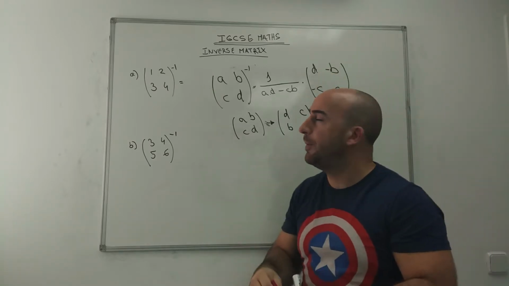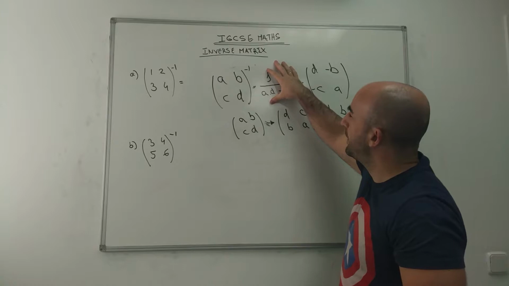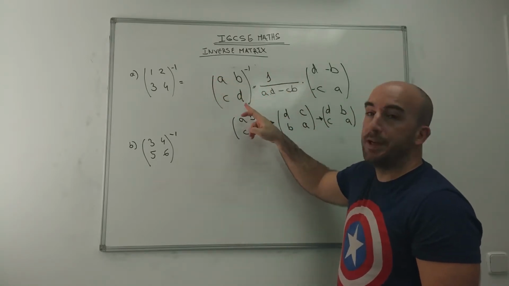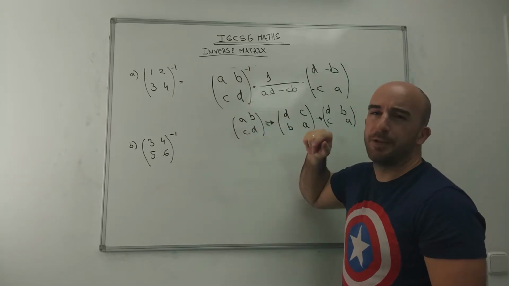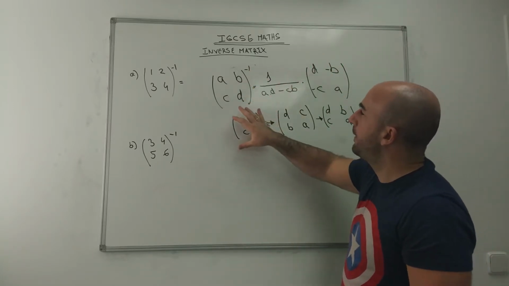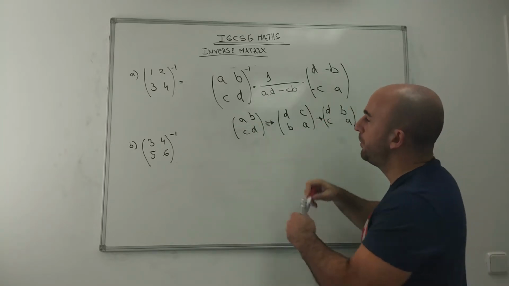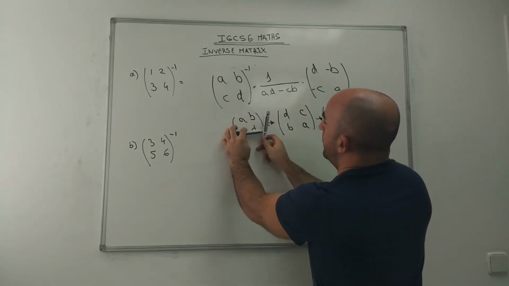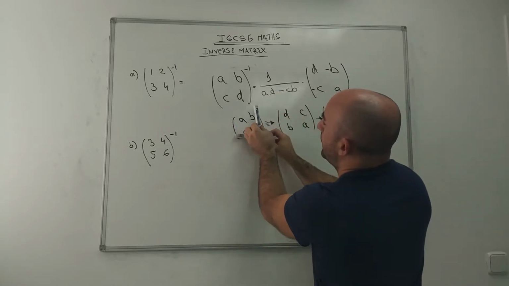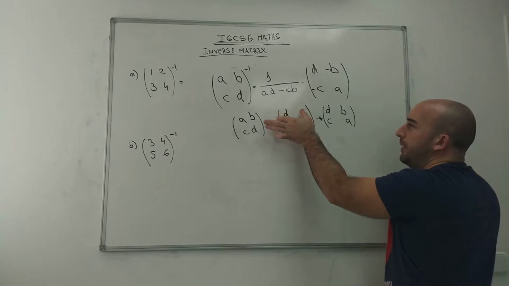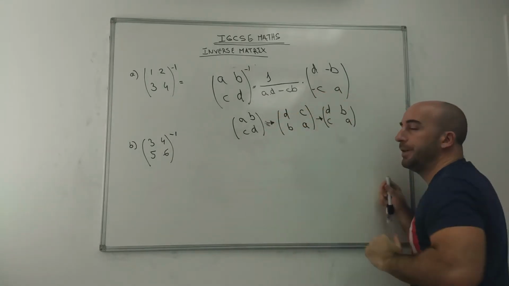So again, I repeat it. First step, I create this multiplication, 1 divided by the elements of this diagonal multiplied minus the elements of that diagonal multiplied. Then I'm going to get this matrix, and I'm going to form another one, which is created by removing the row and column of each element. And then when I obtain that, I'm going to change the rows into columns.